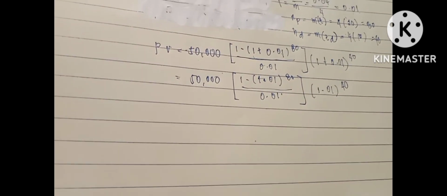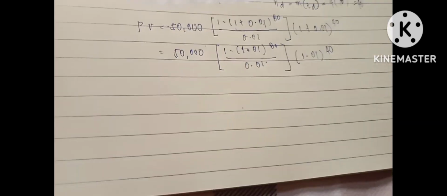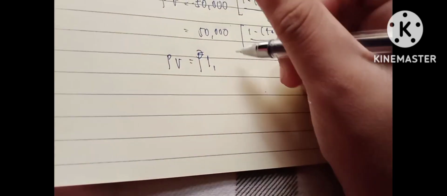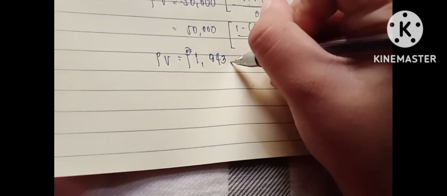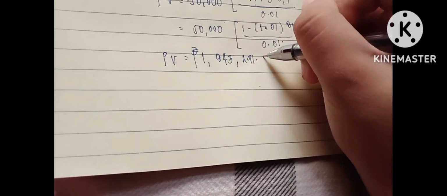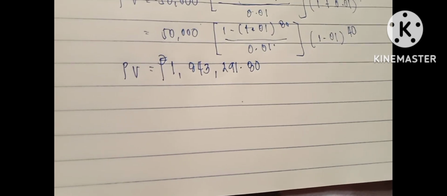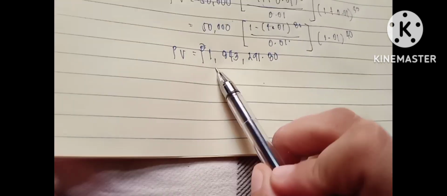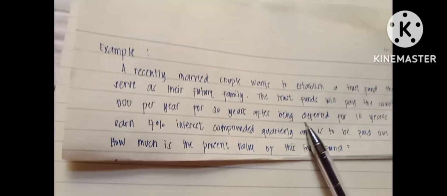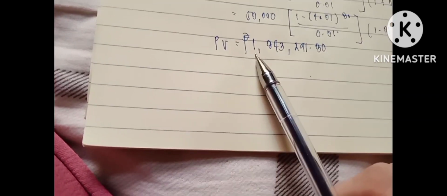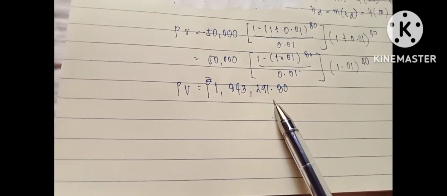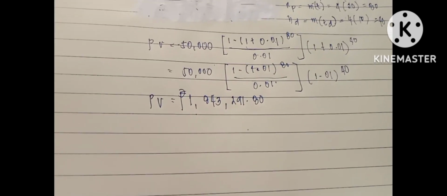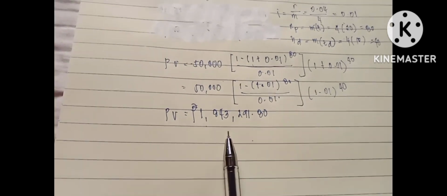Paggamit nimo sa scientific calculator, ang mogawas ana is 1,843,291.80 pesos. So, ang present value ani na situation is 1,843,291.80. So, inana ra pagkuha sa present value.